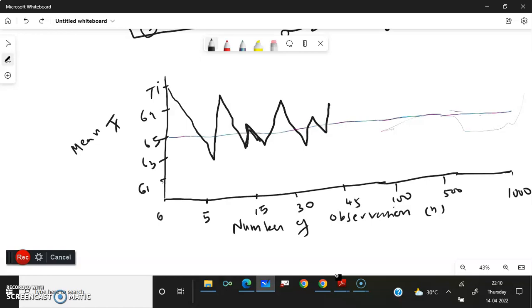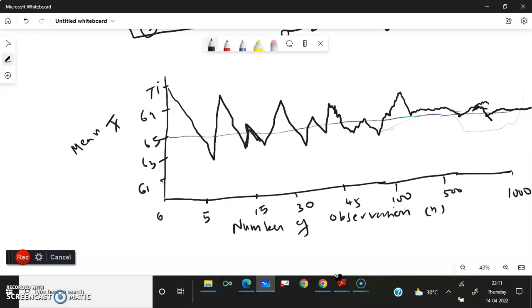Slowly it will trace like this, and then it comes very close to our population mean.